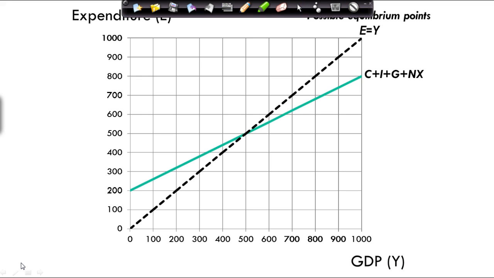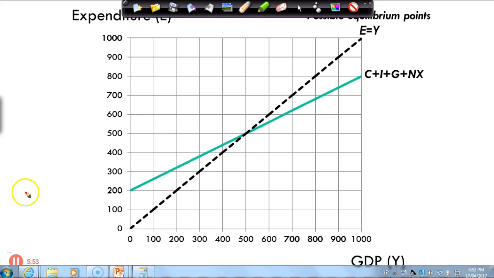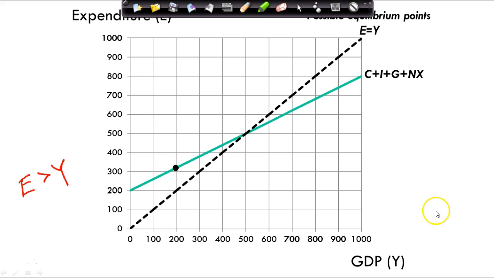Okay, the diagram can show us, in a way, the tendency towards equilibrium as well. Let's say the economy were in disequilibrium. Let's say we're in a situation where expenditure was greater than income. Here we can see expenditure is greater than income.